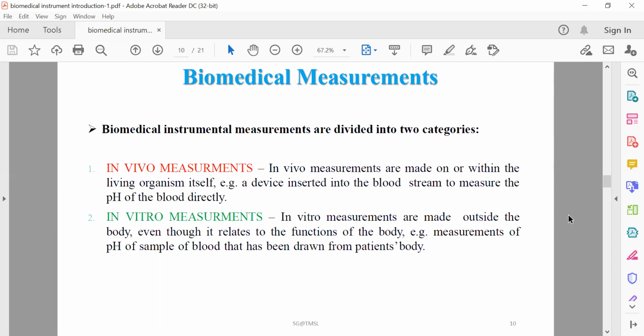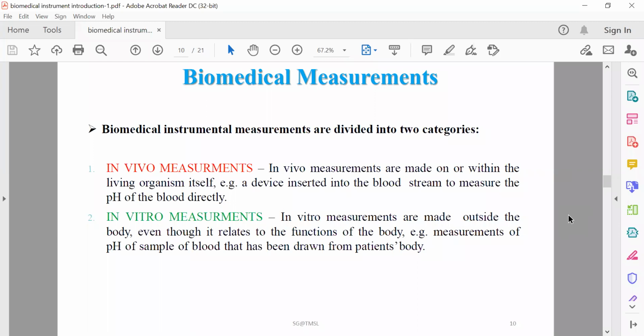So it is within our body. That is called the in vivo measurement. An in vitro measurement is one performed outside the body, even though it relates to the functions of the body. For example, the pH of a sample of blood that has been drawn from a patient.